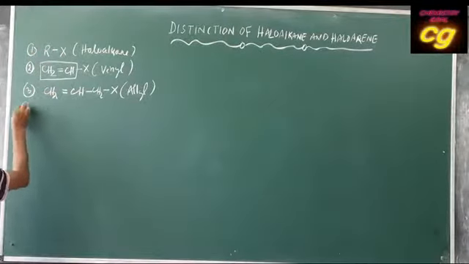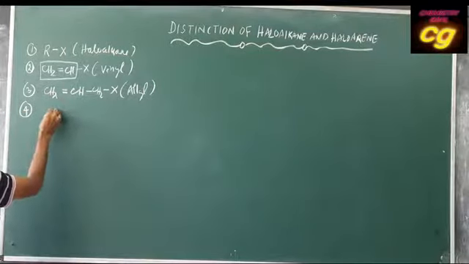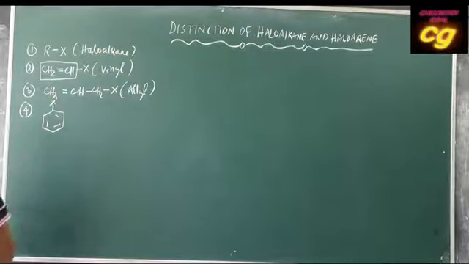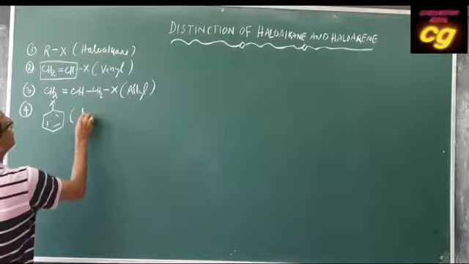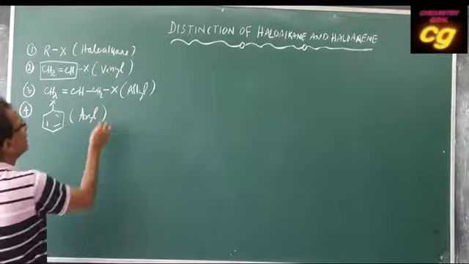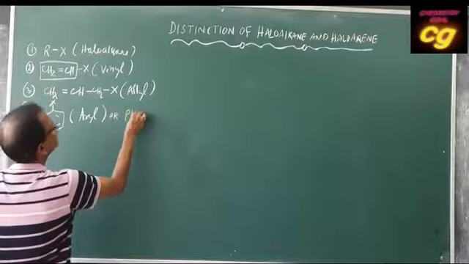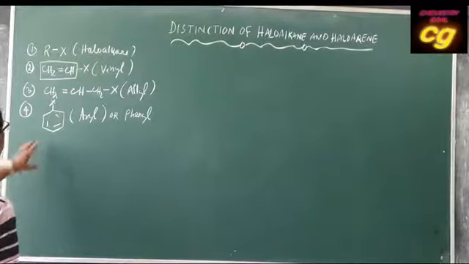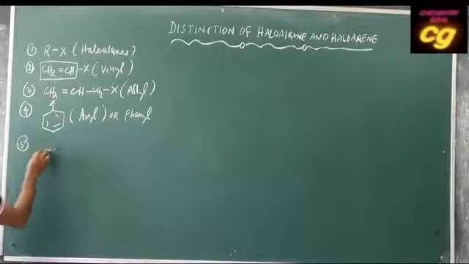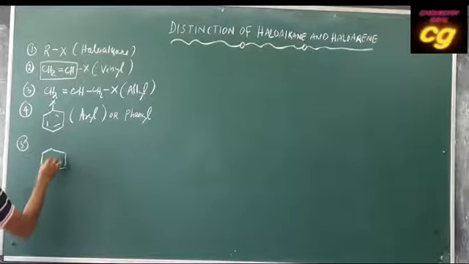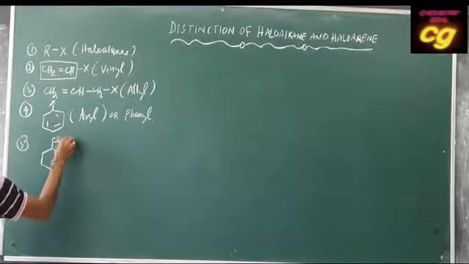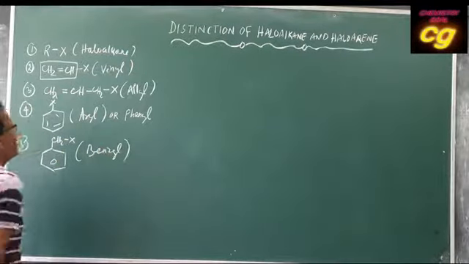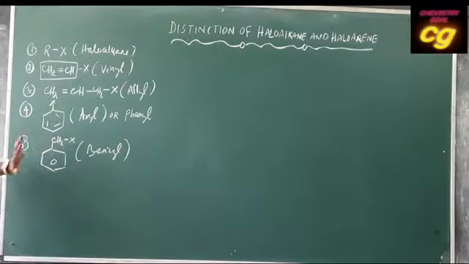If the group contains an aromatic group, this is called aryl or phenyl. And if the group contains a CH2 attached to the aromatic ring, this is called benzyl.